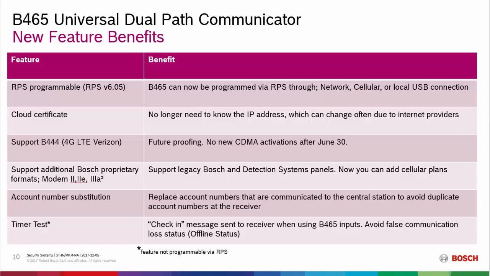So now going forward, any of your new 465s will have the capability for account number substitution. So when we capture the event or the alarm from the host panel, we can replace the account number with whatever account number you would like to replace it with.